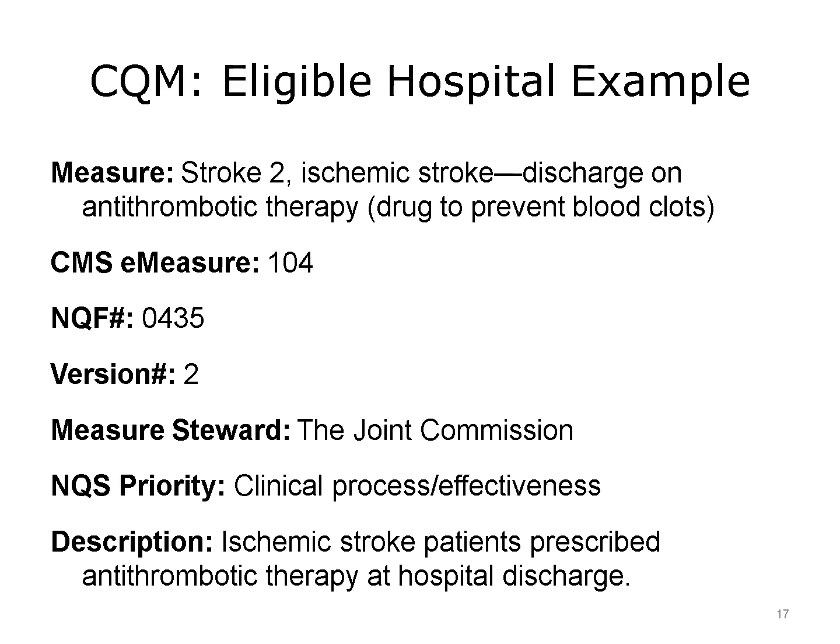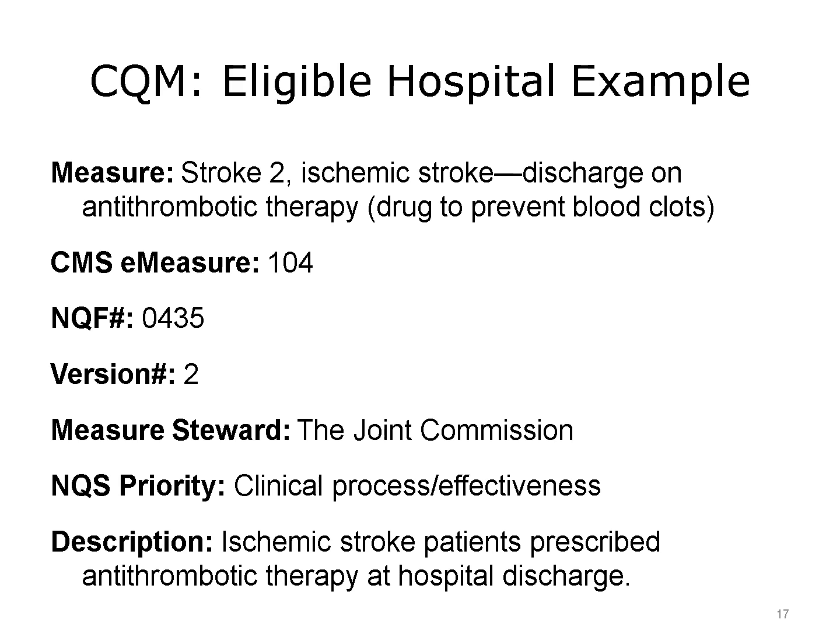This measure focuses on the use of antithrombotic therapy prescribed at discharge for ischemic stroke level 2 patients, or stroke patients prescribed medication to prevent blood clots. As with the example for eligible professionals, this description includes identifiers for this measure used in other quality measure programs. The CMS eMeasure, NQF number, and version number are identified.